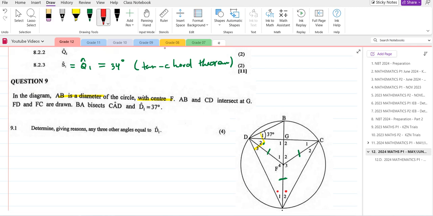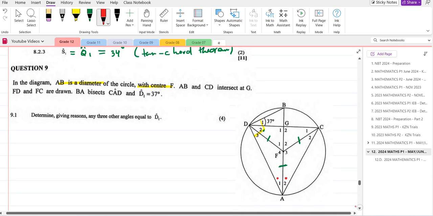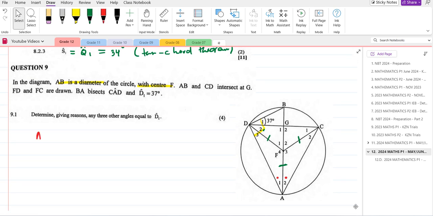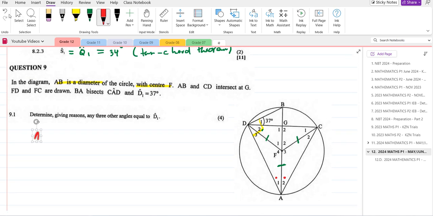If I look at this chord BC, it's going towards angle A2. So we can write angle A2 is equal to angle D1, which is equal to 37 degrees.